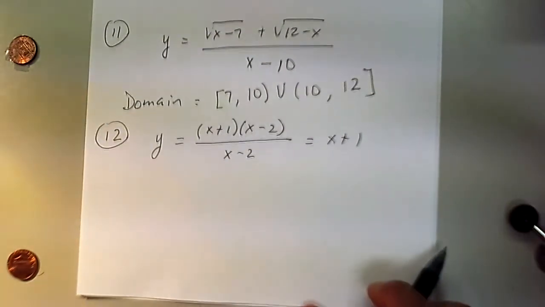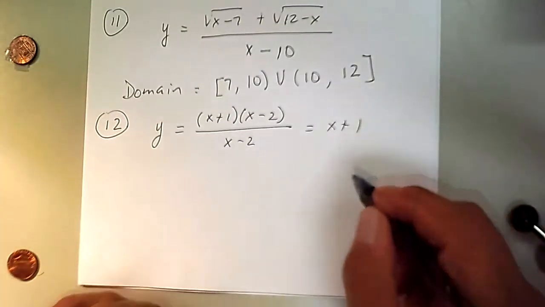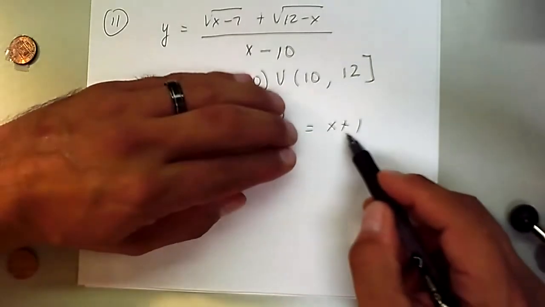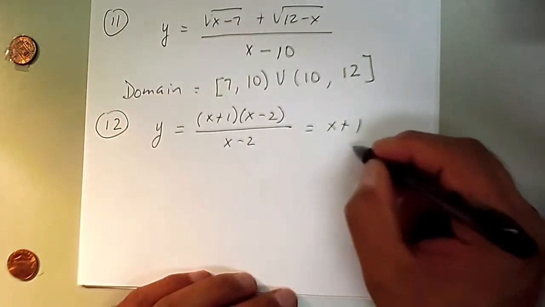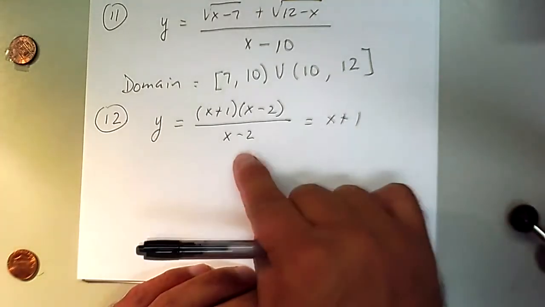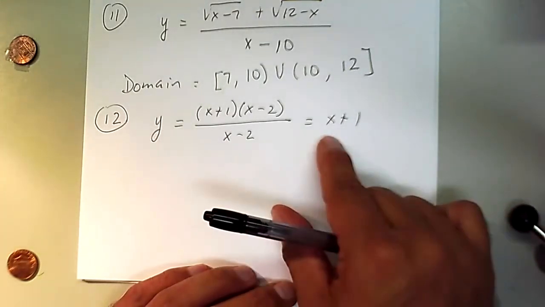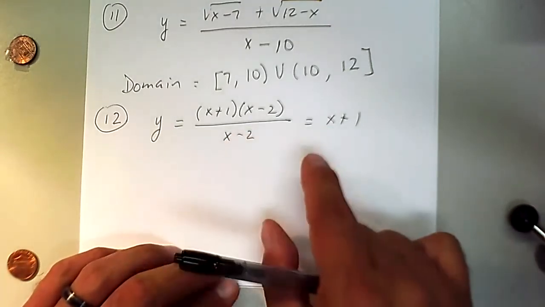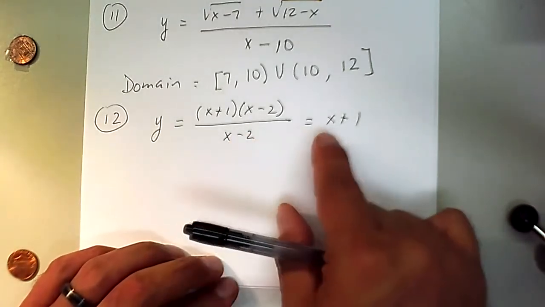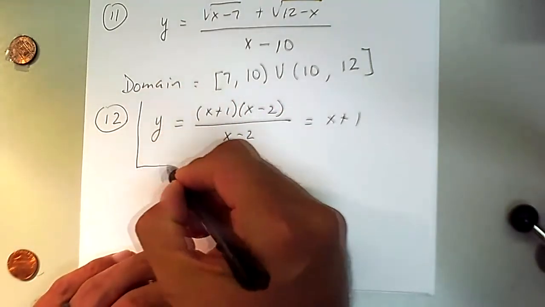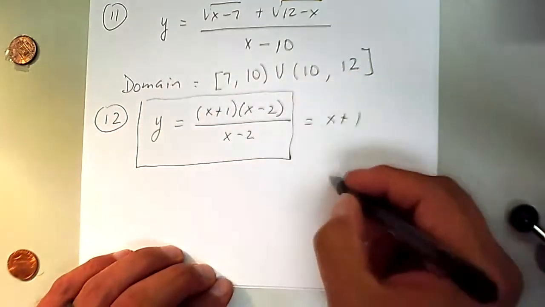No. If we didn't see this part, and we were just given x plus 1, we may think that the domain is all real numbers. But this is something we did after the fact. This is the given problem. That's very important. So this is given.